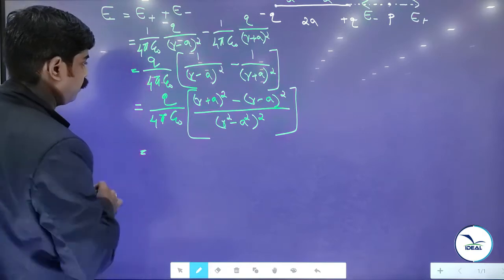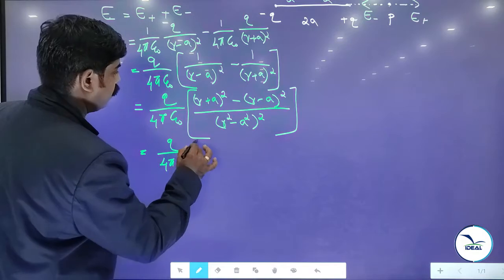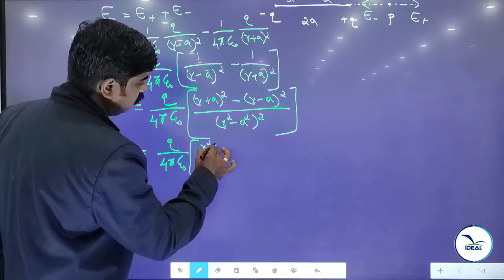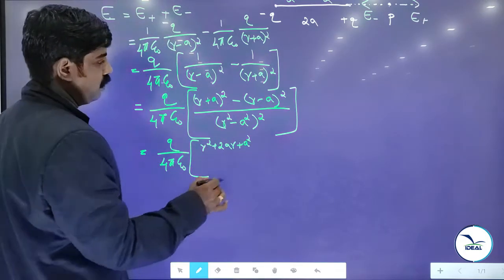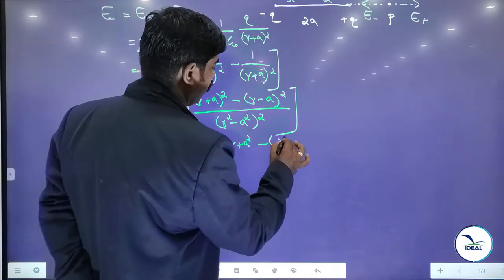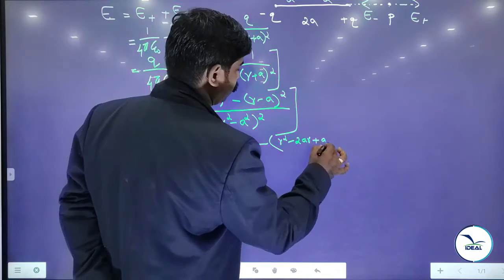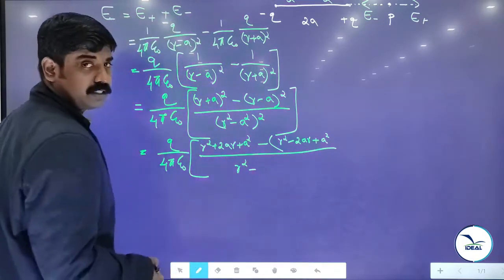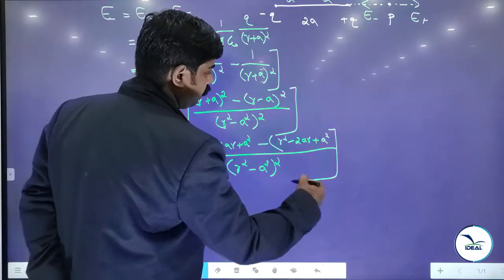So that's equal to q by 4 pi epsilon 0 into (r square plus 2ar plus a square) minus (r square minus 2ar plus a square), all by (r square minus a square) the whole square.